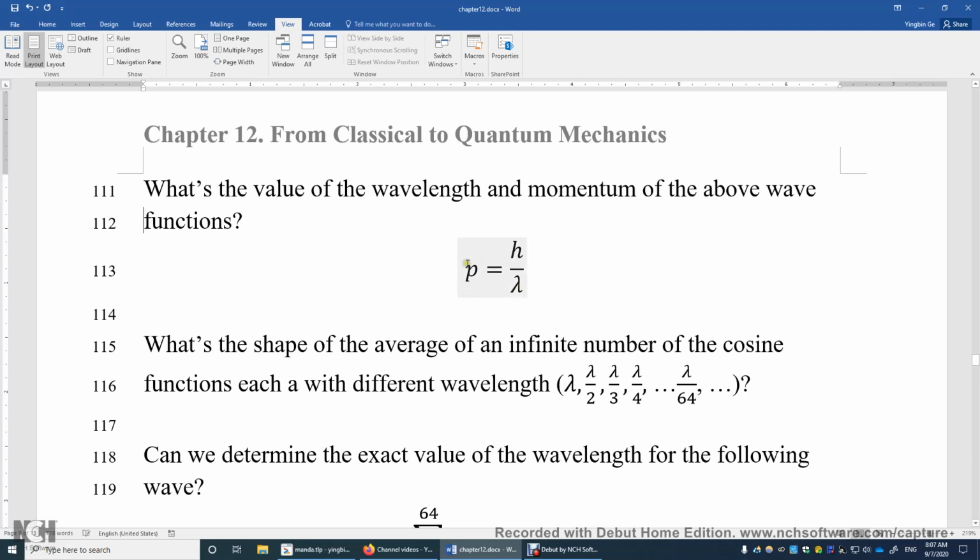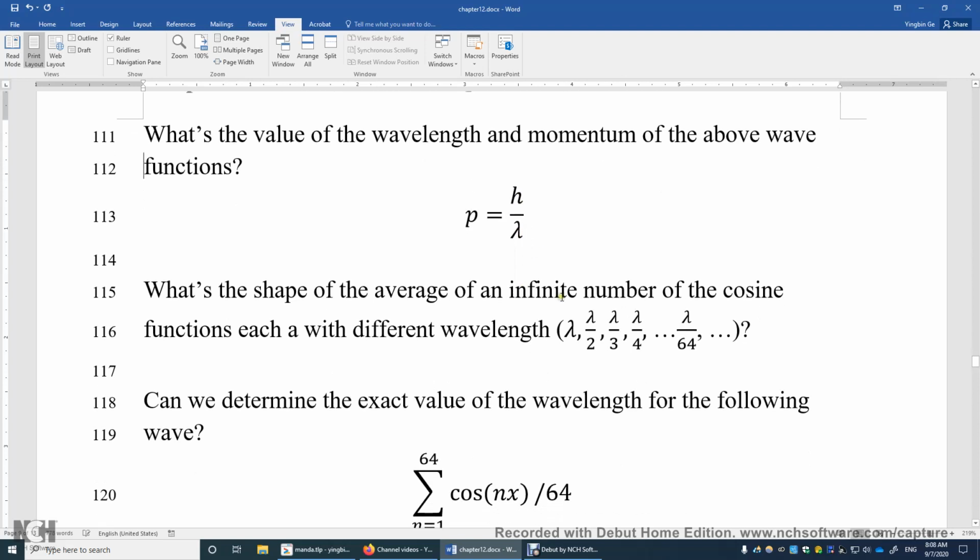So the momentum of the combination can be h over 2 pi. It can also be h over pi. What about a combination of 64 cosine functions? Then we will have 64 different wavelengths and 64 different momenta.